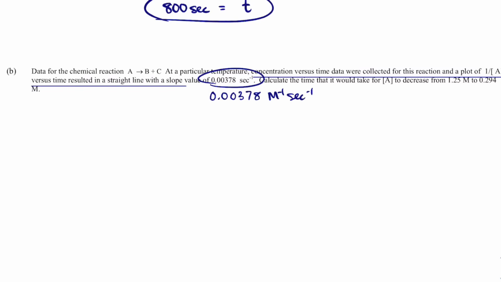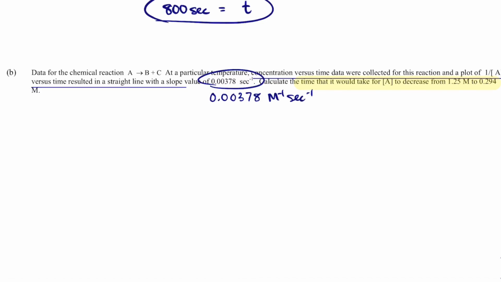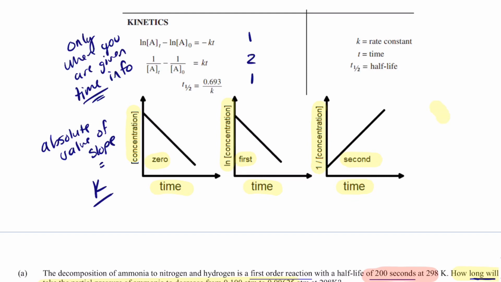And we are asked to solve for the time that it would take for A to decrease. So here's what I know: whenever they're talking about a straight line, I need to think back to this picture. They graphed 1 divided by concentration versus time, and that gave me a straight line, so that must be second order. But if you don't know, just look at your integrated rate laws.